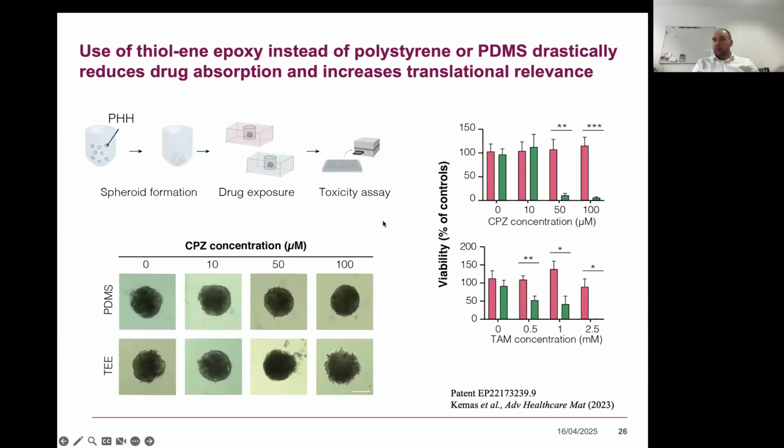And indeed, in line with what we measured previously by mass spec, we see no toxicity whatsoever when we use our PDMS devices. Even at the highest concentration, no indication of toxicity whatsoever. And again, this is because 99% of the compound is not bioavailable anymore, whereas we see much higher toxicity at virtually relevant concentrations in our thiol-ene epoxy devices. And the same for tamoxifen.